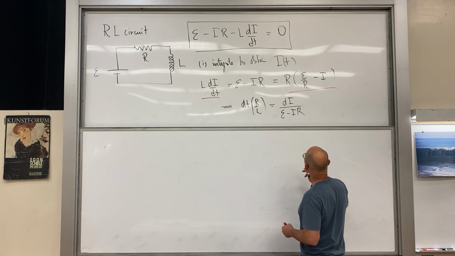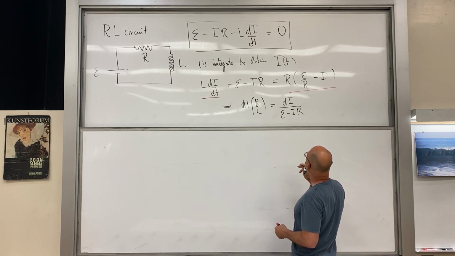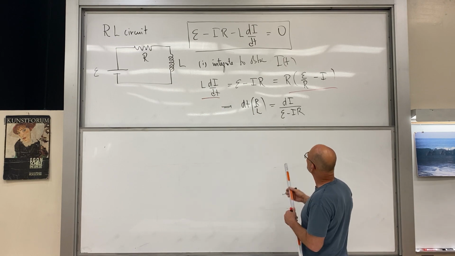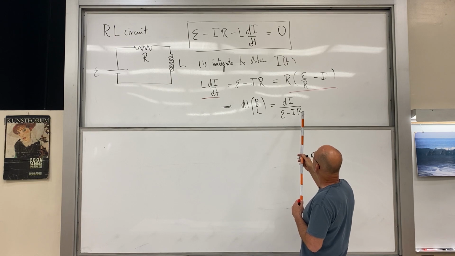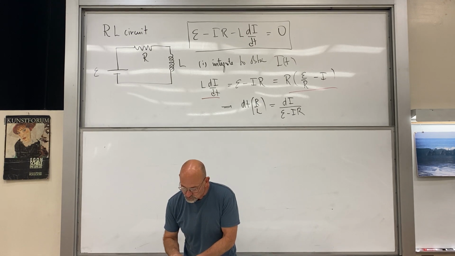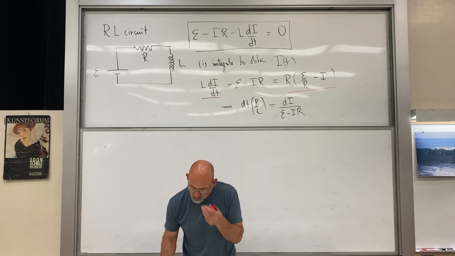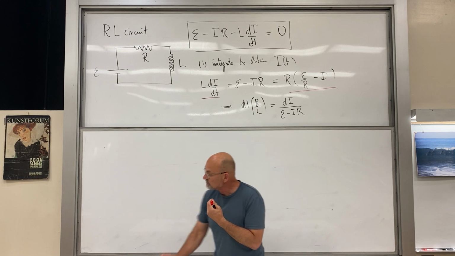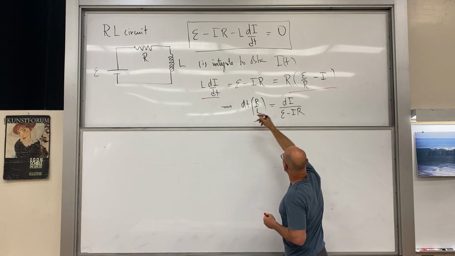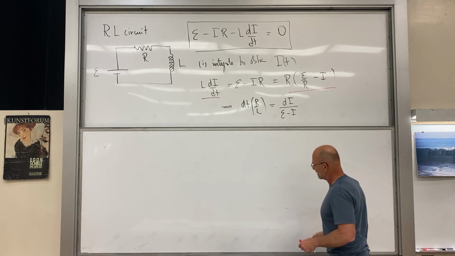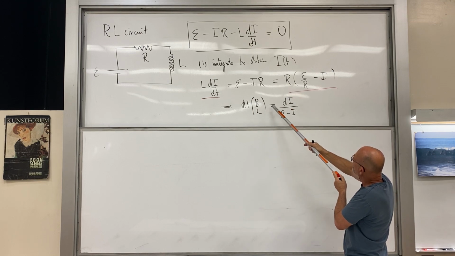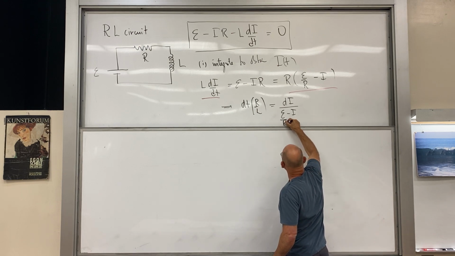I'm missing something there. Oh, yeah, I forgot that last step, so I pulled the R. Okay, so dt R over L, I've got the E over R minus I. Okay, I'm going to rewrite this.